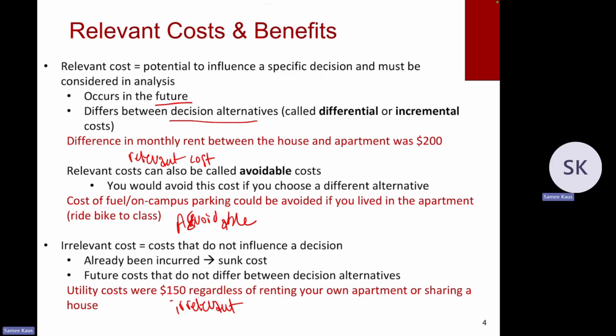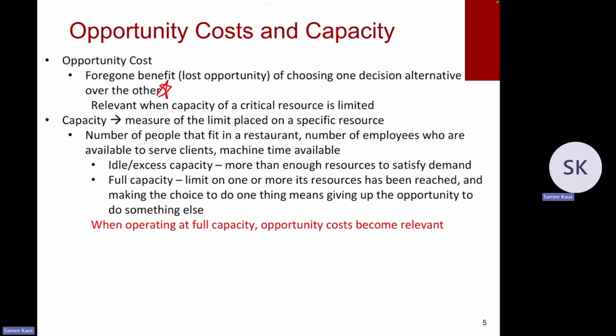Okay. So the next type of cost to talk about as well is going to be opportunity and capacity costs. So an opportunity cost, it's more of an economic concept. And up until this point, we really haven't quantified it, but it's the foregone benefit or lost opportunity of choosing one alternative over the other. So a lot of the time, it's not going to be relevant to us unless the capacity of a critical resource is limited.